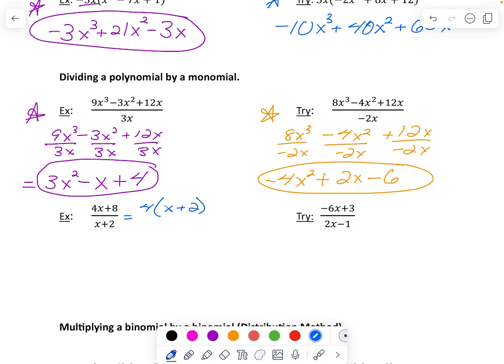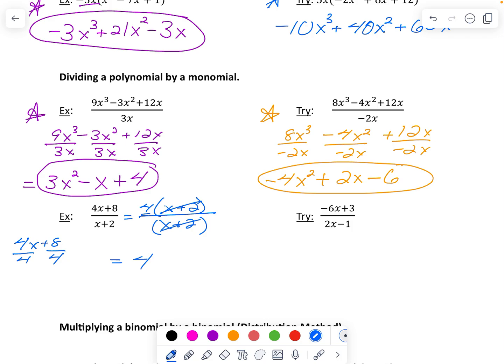So if we take that 4x plus 8 and divide everything by, not 2, 4, sorry, the greatest common factor. We can divide everything by 4 and take that 4 outside, and that leaves us with x plus 2 inside. And so now the parentheses cancel out, and we are left with just 4.